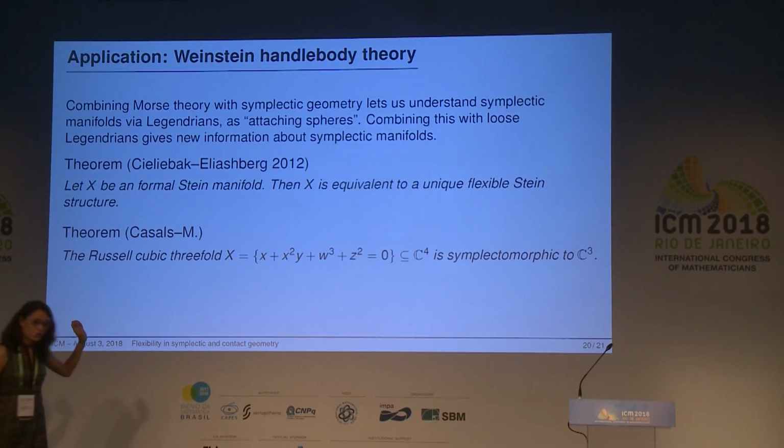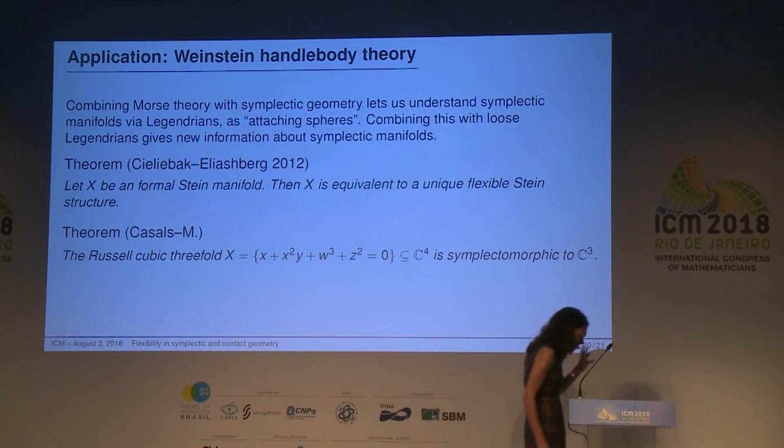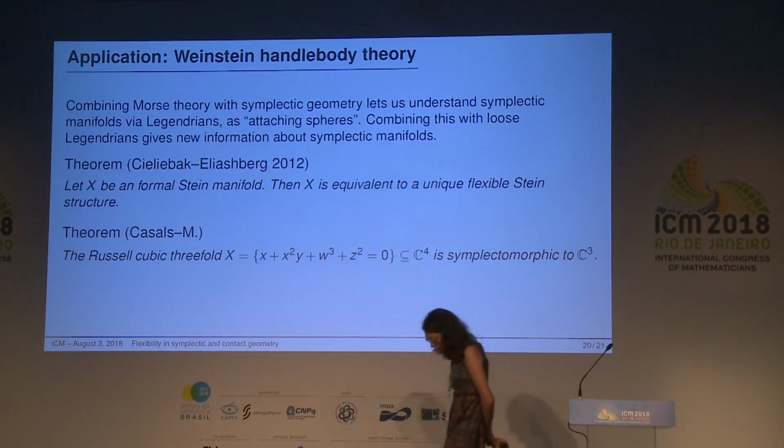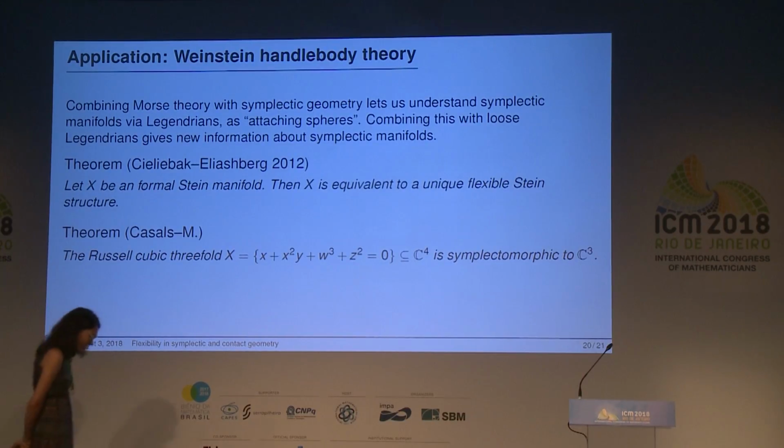The proof that it's algebraically exotic goes through either looking at all possible algebraic C-star actions, or similar techniques. There are a couple of different proofs of this, but biholomorphism is still open.